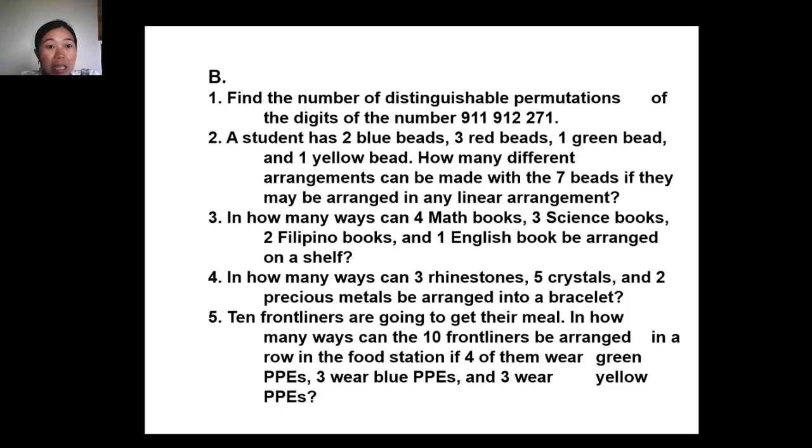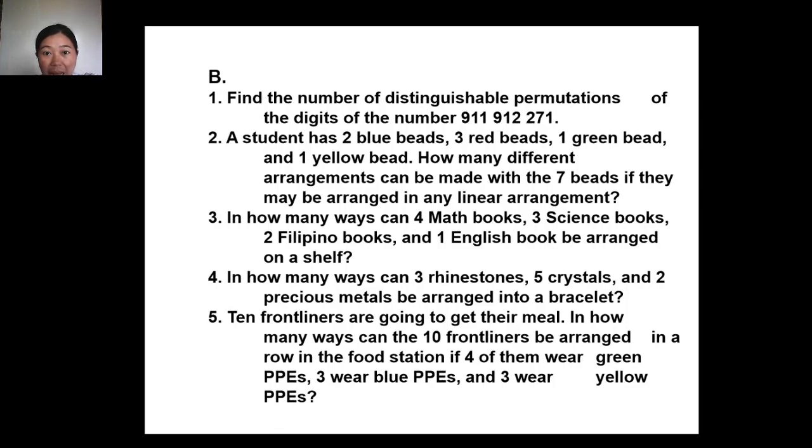So, yung letter B. Okay. Pag tiningnan natin yung mga problems dun sa letter, dun pa lang sa number 1, kita mo na naulit yung 9, naulit yung 1, naulit yung 2. So, there are things alike. Sa number 2, 2 ang blue, 3 ang red. So, ang naulit dyan ay color na blue at saka color na red. So, meron kang 2 objects na alike. Kasi, na-repeat yung blue color, na-repeat din yung red colors.